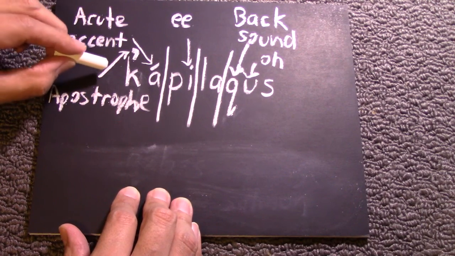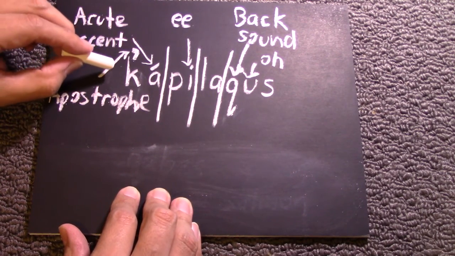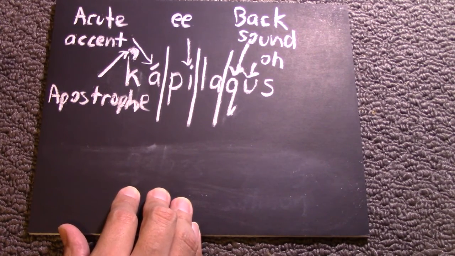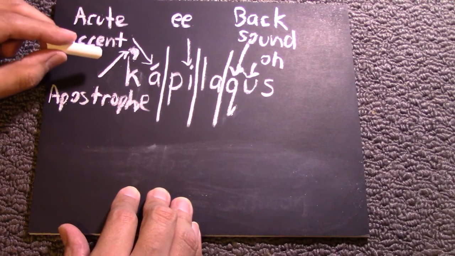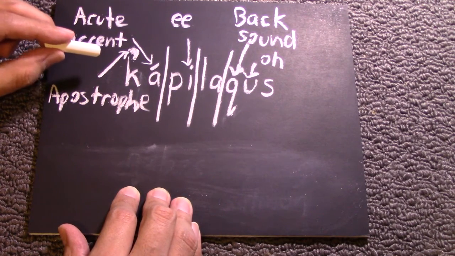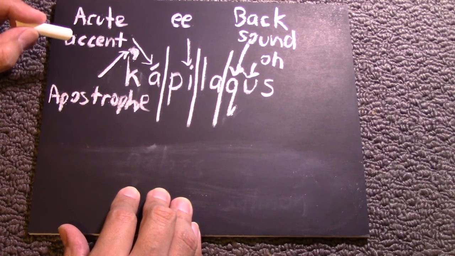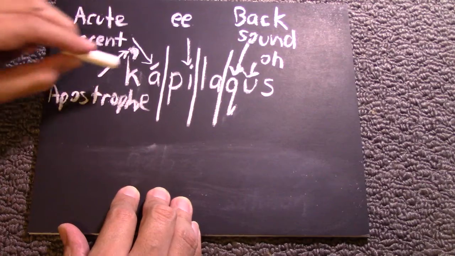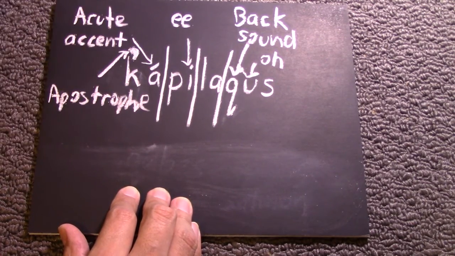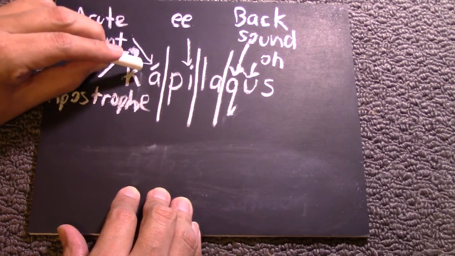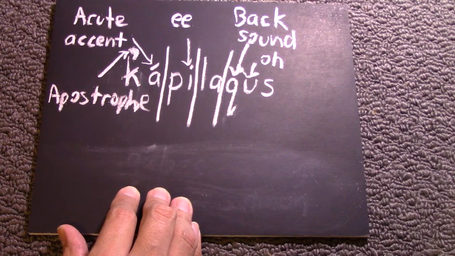It's not like a regular K, which would sound like kya. The apostrophe tells us to say it with more emphasis. So it becomes kya. It's a sharper sound than what you would normally hear. Then we have an A, so the K and A together sound like kya. Anytime you see a K, it sounds like it's followed by kind of a ya sound or u.